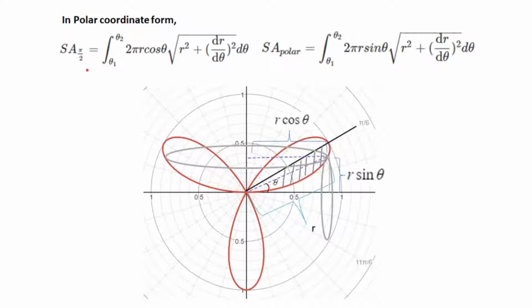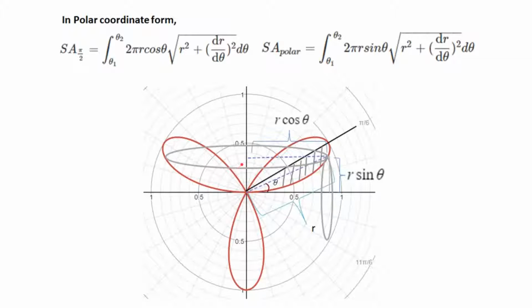In polar form, everything seems to be different because we have r cosine theta and r sine theta. This graph is an example of r equals sine 3 theta. Let's say we want to rotate around the pi over 2 axis. The first thing is to find the sigma, which is this horizontal line. Then we rotate it around the y-axis, which gives this circle.